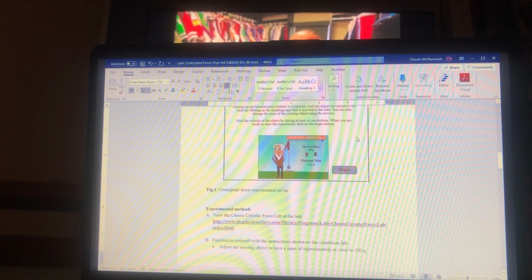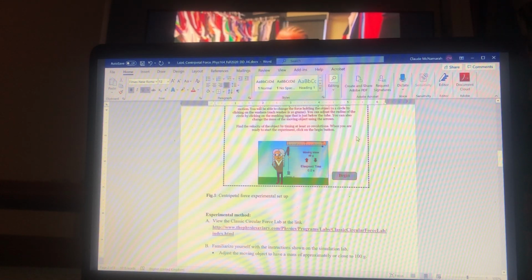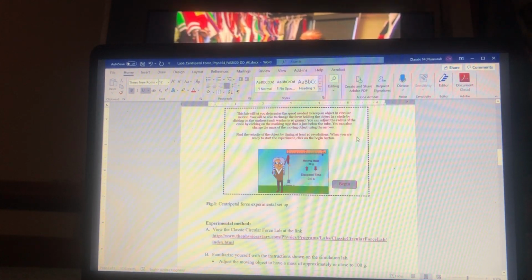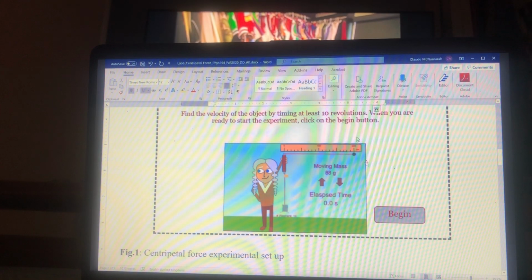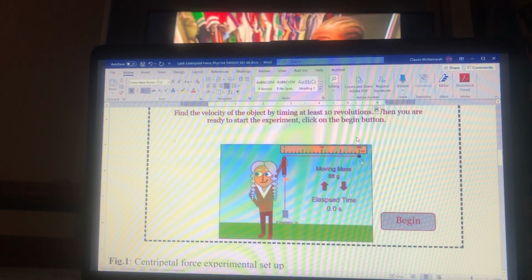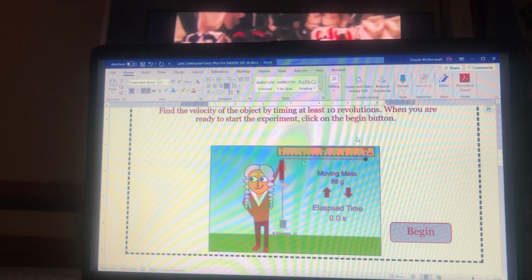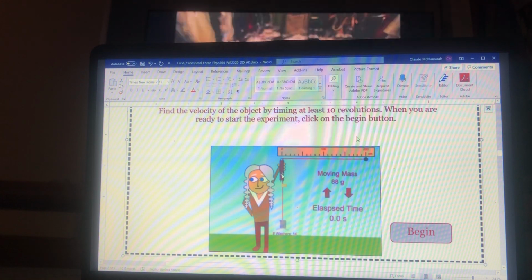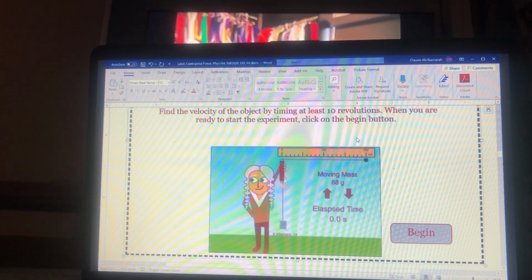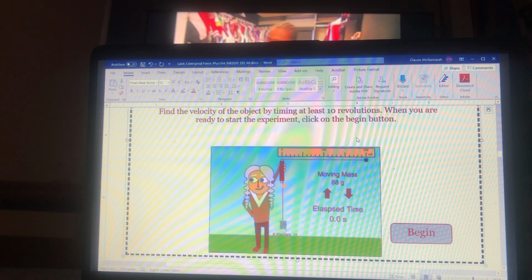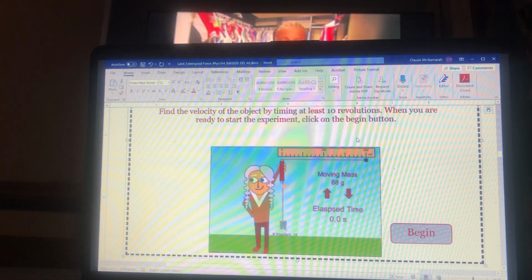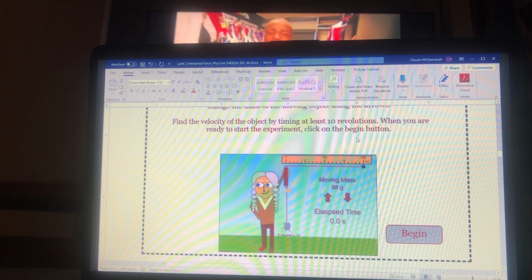Okay, so the black dot represents the mass. It's attached to a string that is going through this brown thing, which is called a pipe, and then the string goes down and is attached to some suspended washers.